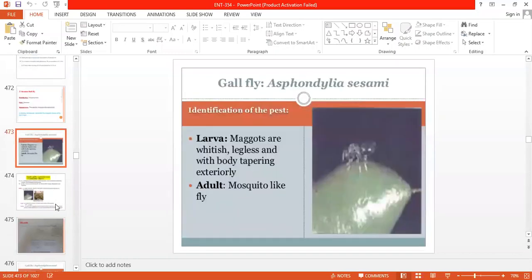Sesamum gallfly, Asphondylia sesami. This is a dipteran order pest, family Cecidomyiidae.